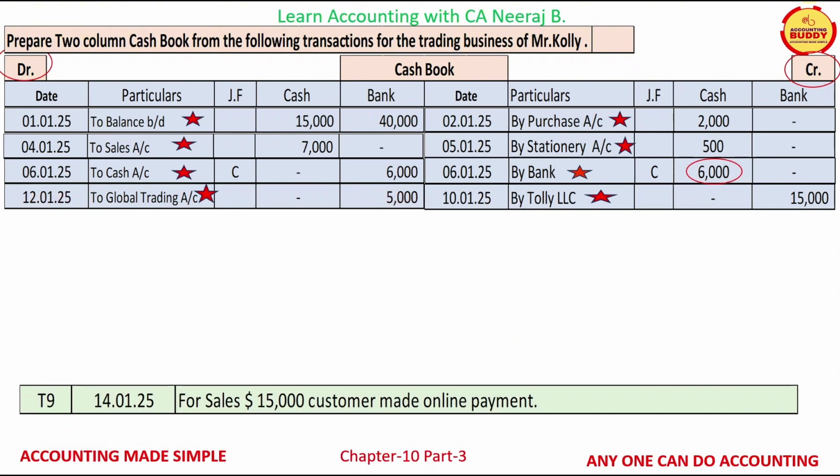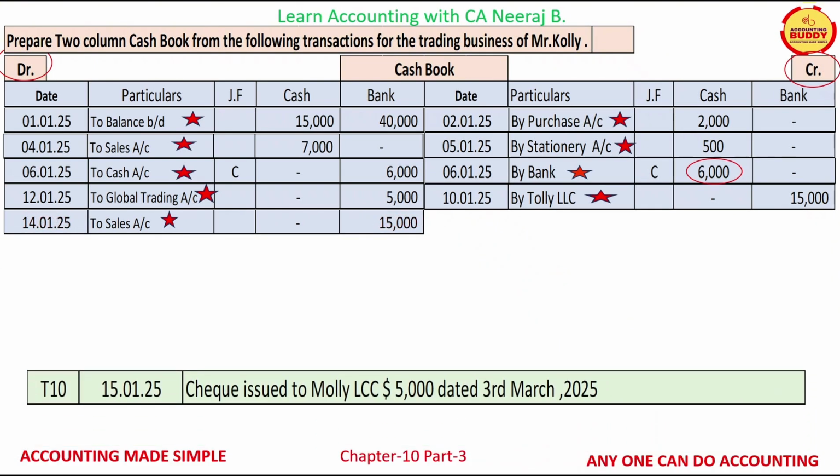Transaction T9 is on 14th January 25, a customer transferred online payment in the bank account of the business for $15,000. Since business has received the money, it will be recorded in the bank column on the left hand debit side of the cash book for $15,000 on 14th of January 25 by writing the words to sales account.